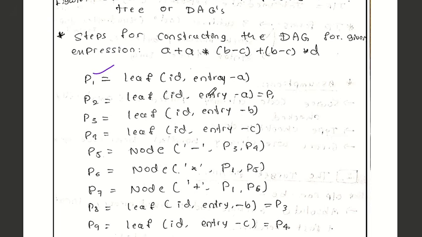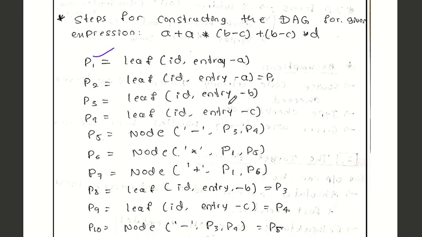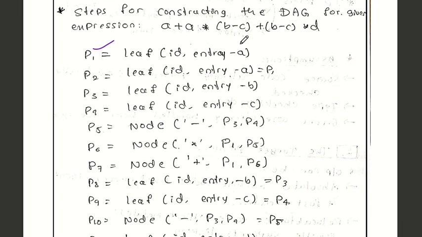Once you have entered all the values, then you need to perform the operations. Here we already have a and b. P3, production 3, introduces the identifier b, then production 4 has c. So we have the b and c productions. Now we need to subtract c from b, that is b minus c.